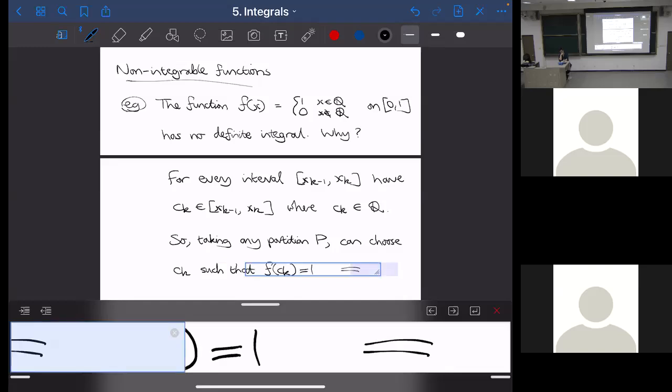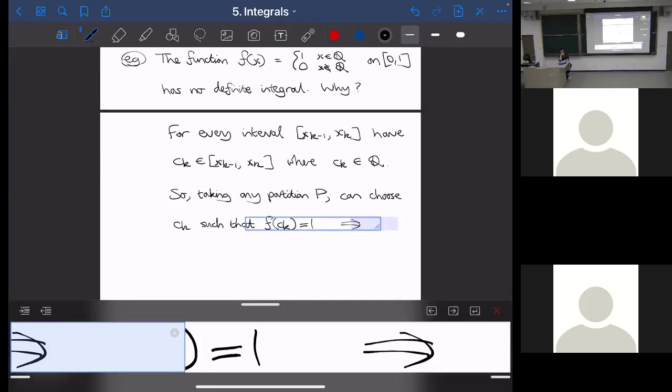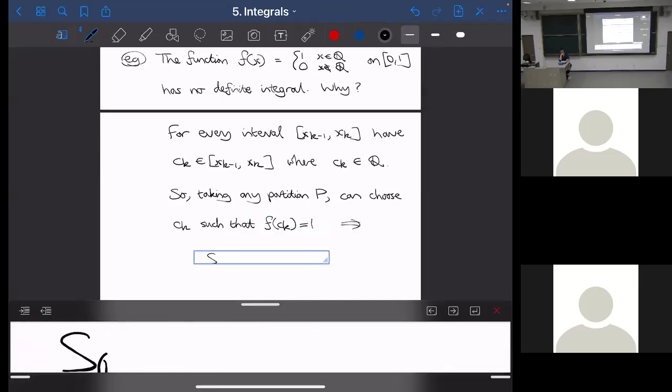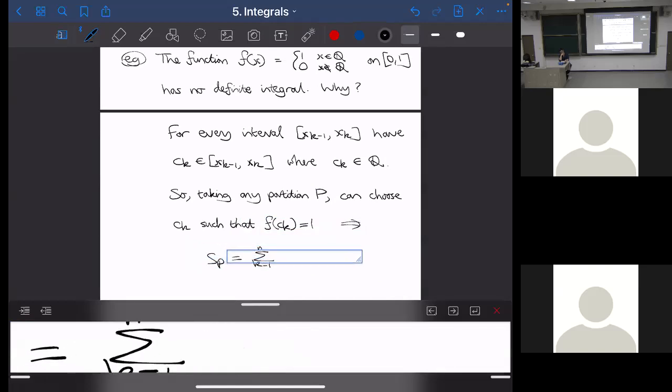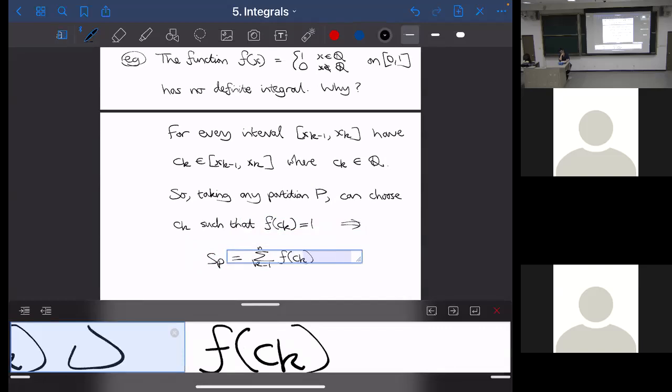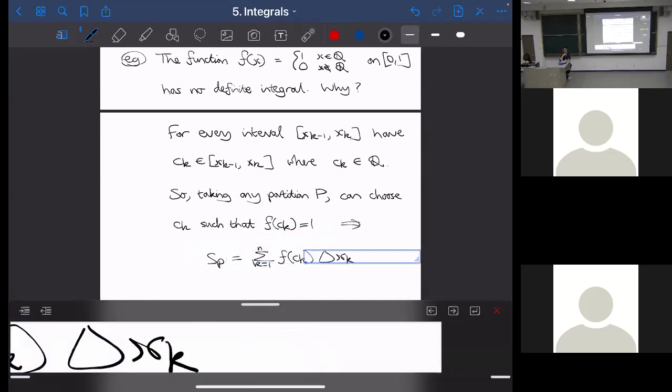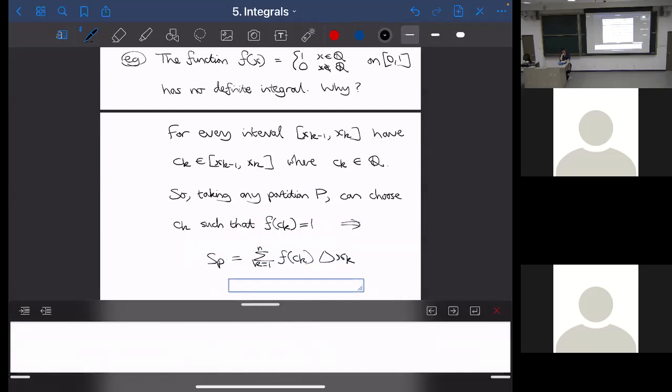And that implies that the Riemann sum, so this is the sum over all the intervals in the partition, f(c_k) times the length of that interval.